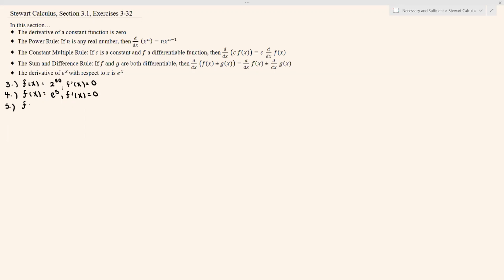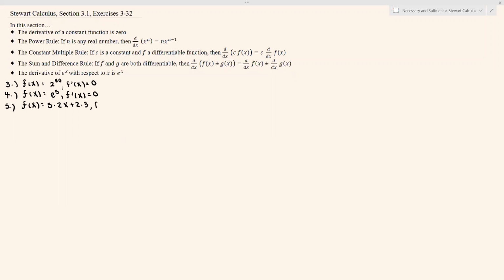Problem 5 is asking us to find the derivative of f of x equal to 5.2 times x plus 2.3. So now we're going to start combining a couple of rules. Notice we have a constant times x plus a constant. We're also going to be using the sum rule here because we have the sum of two differentiable functions.